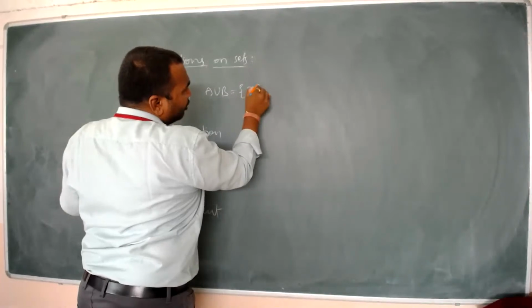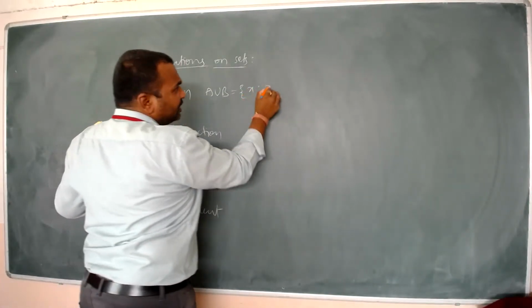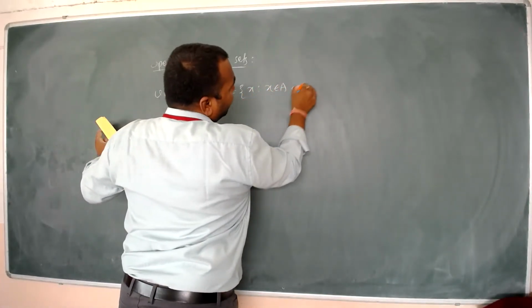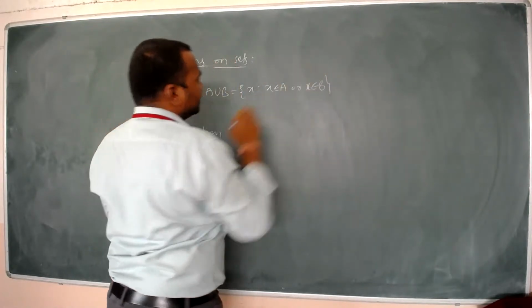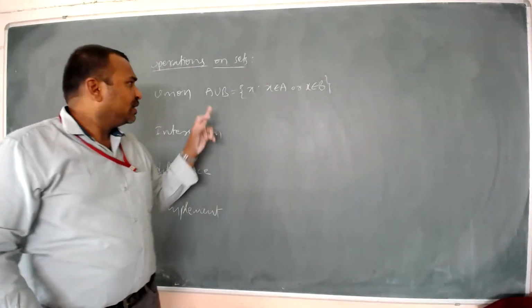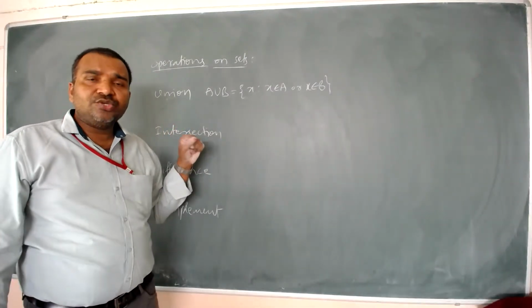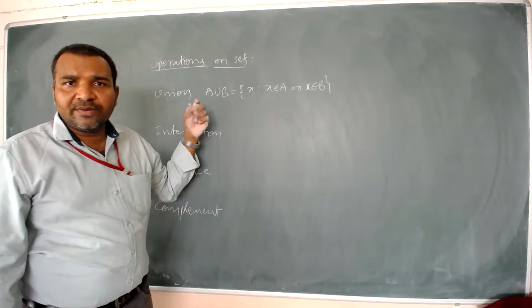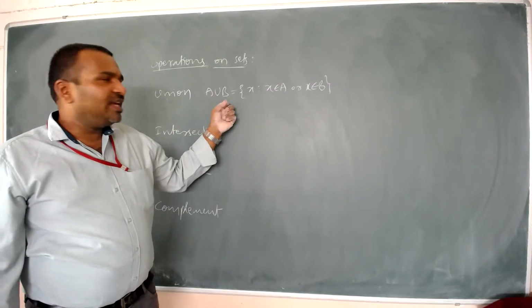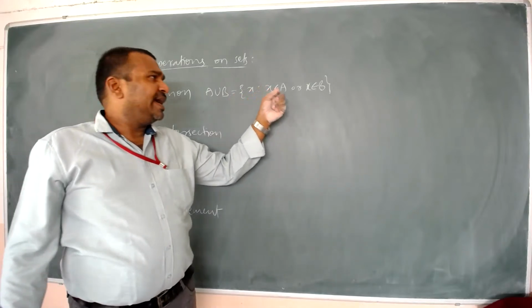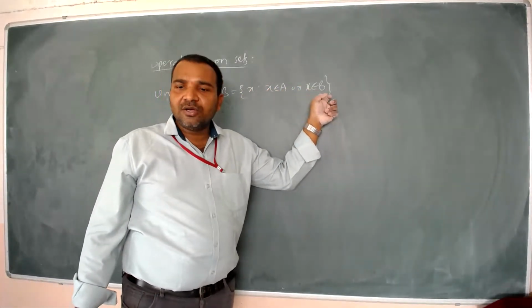A union B is equal to the set of elements X such that X belongs to A or X belongs to B. This is the definition of union.